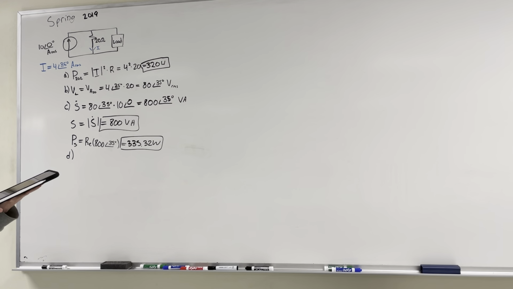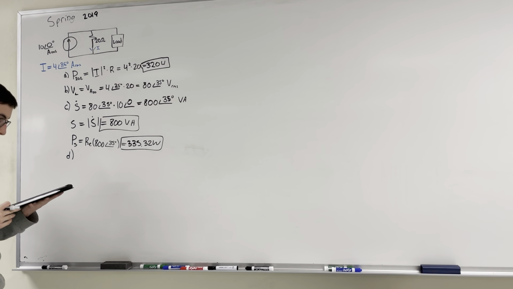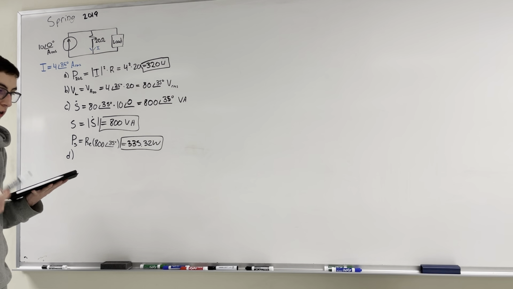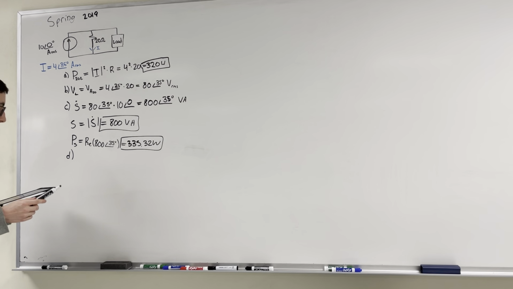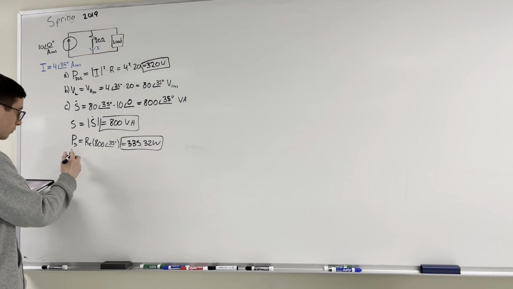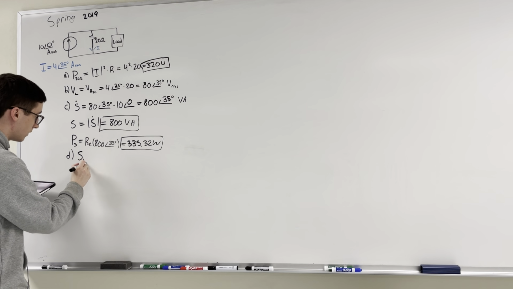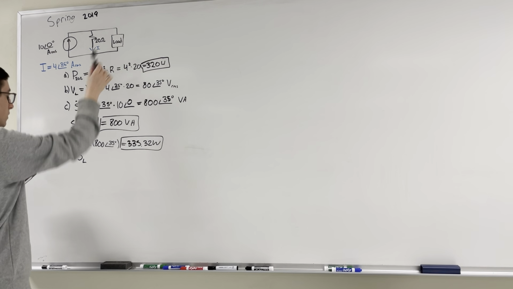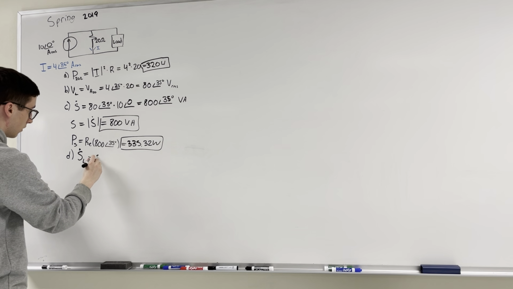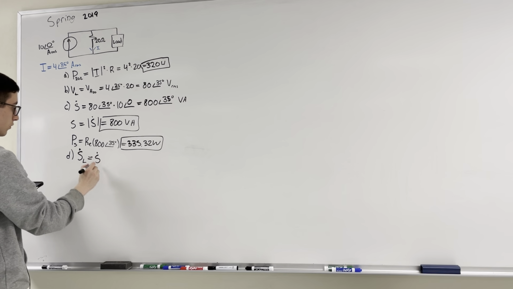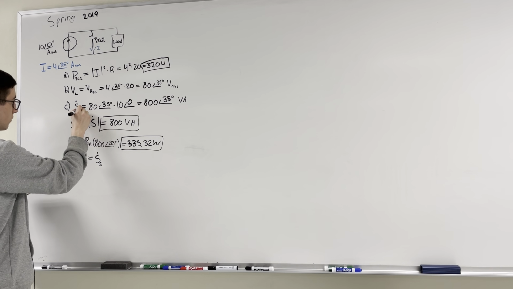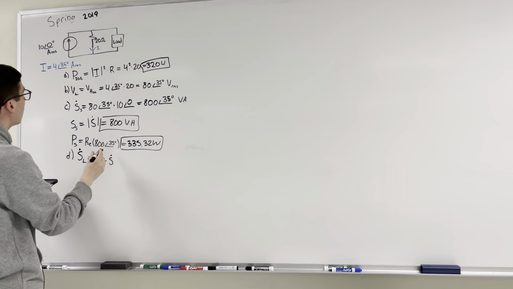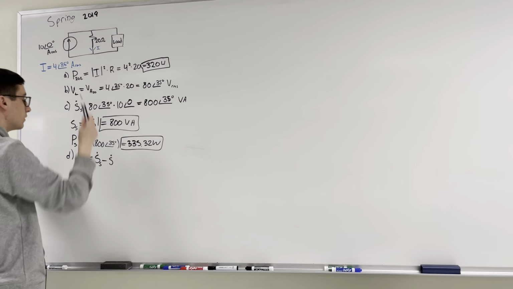Asks us to find the active power P absorbed by the load. With that, we can just use the conservation of complex power. So S_L, the complex power across the load, is going to be equal to the complex power of the source minus the complex power of the resistor.